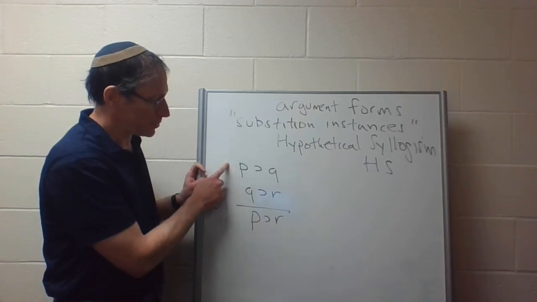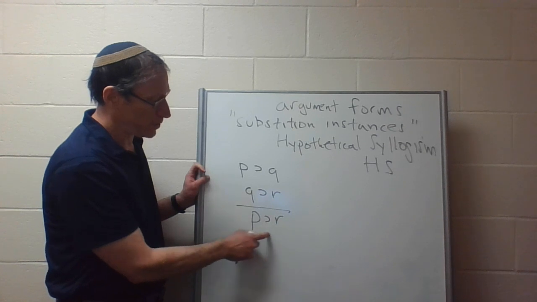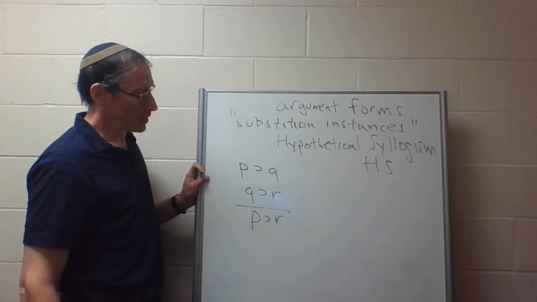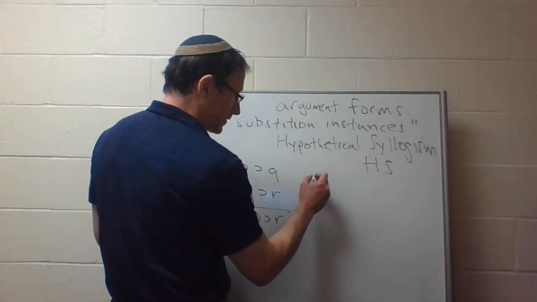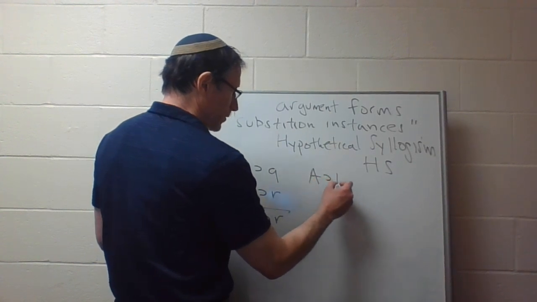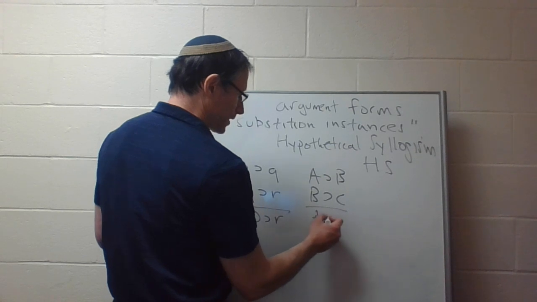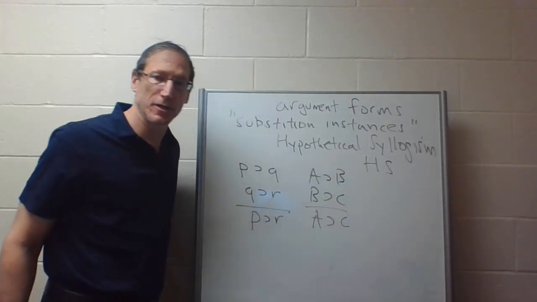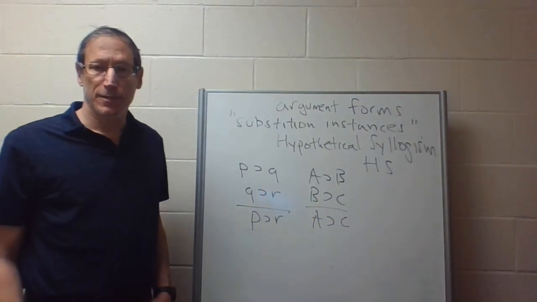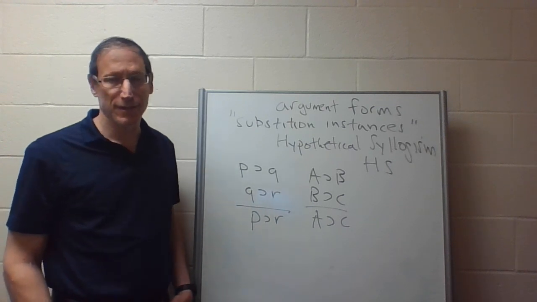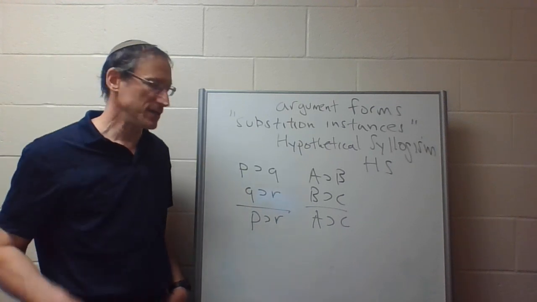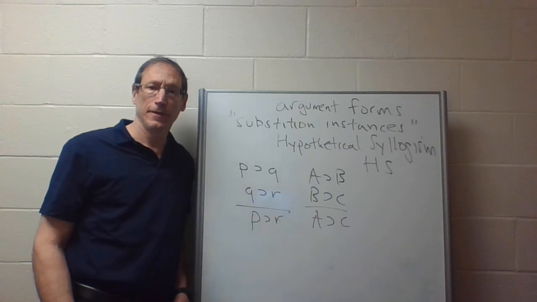So P horseshoe Q, Q horseshoe R, therefore P horseshoe R, right? Now a simple example of this would be something like A horseshoe B, B horseshoe C, therefore A horseshoe C. It kind of reminds me a little bit of the law of transitivity in arithmetic. It's not the same thing, but it sort of has a similar ring to it, right?